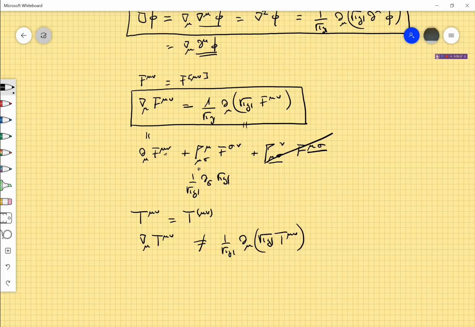Okay, so in particular, because there is a term like this that doesn't vanish, we cannot argue that the connection is symmetric and the tensor is antisymmetric. Here both things are symmetric. So in this case, there is an extra term.